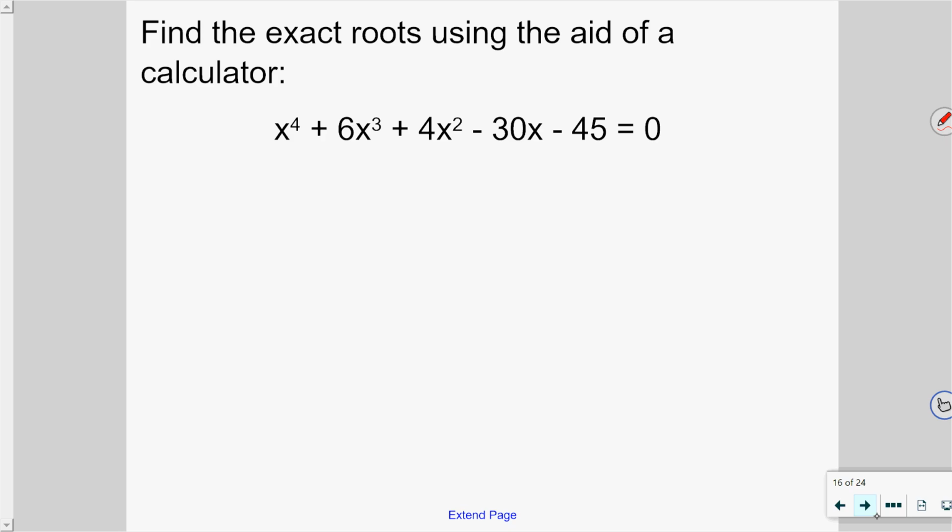I'll tell you if there's i's, because I told you this takes like a page each. 6x cubed plus 4x squared. There are two i's. Two i's.